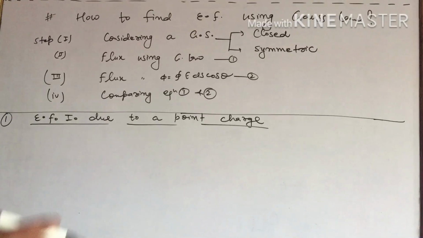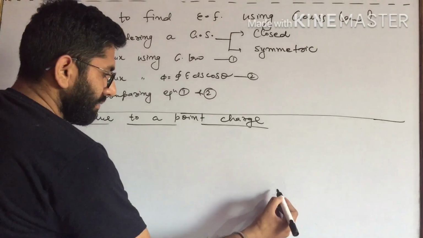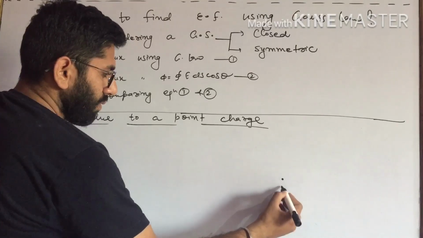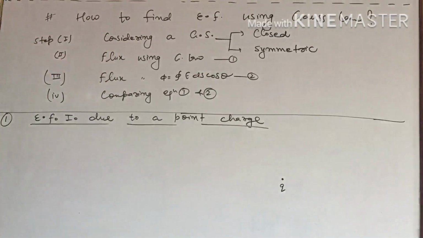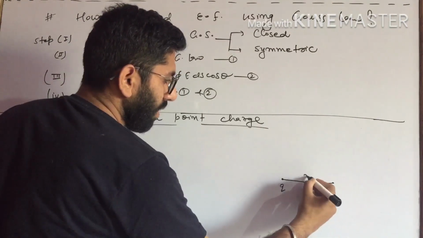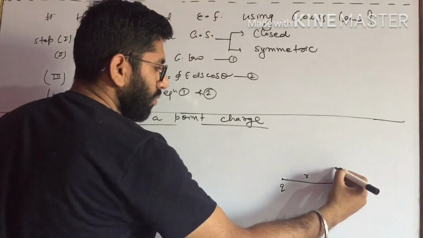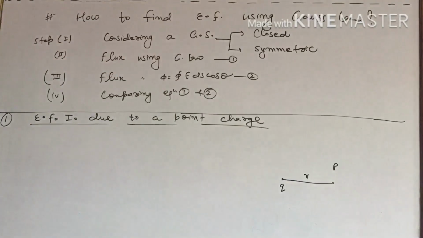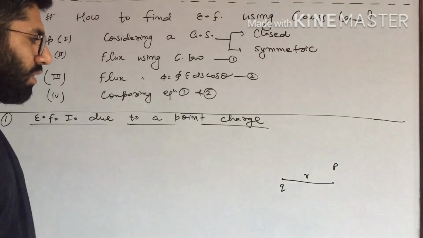Suppose this is the charge q which is given to us, and there is a point at a distance r where I have to find electric field intensity. So this is the given situation.